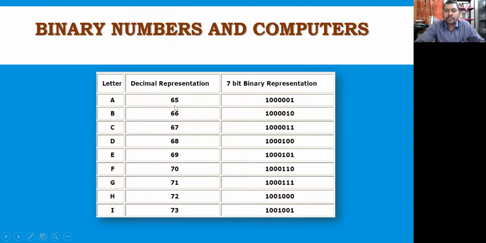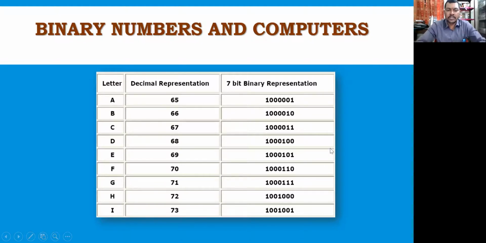So 65 is the decimal number represented by the alphabet A on the keyboard. Then it is coded to binary like this. So we have a 7-bit number generated when we press A on the keyboard, right?